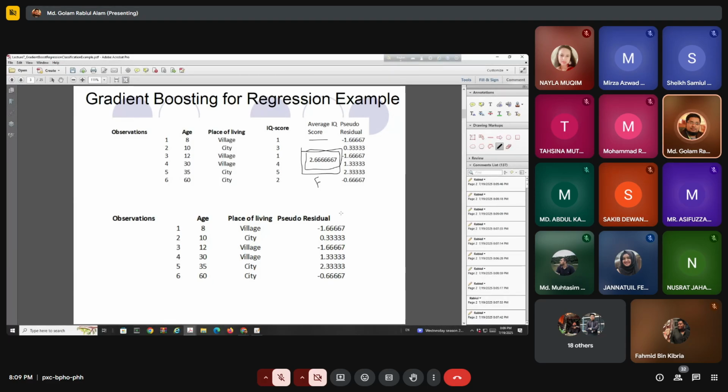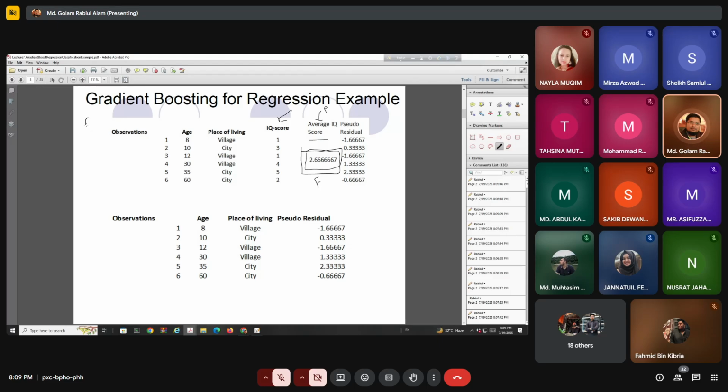Now what we have to do is find out the shortcomings, actually the errors. The errors mean the residual. Here this is the average IQ score, so these are the predictions, and this is the original IQ score.